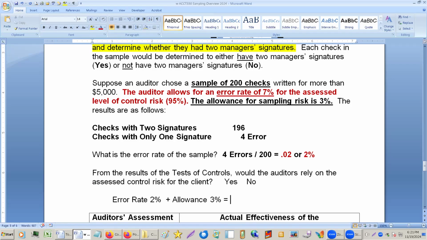And so this will equal our upper limit of, oops, that is not a number, is it? 5%.